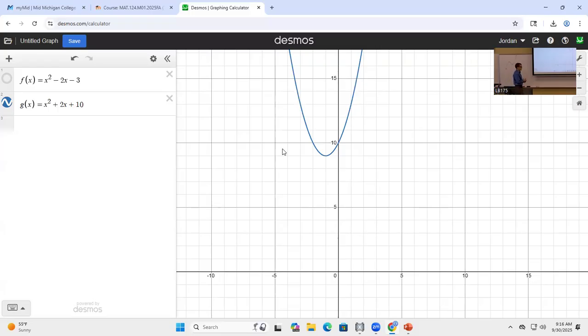So while we have at most 2 x-intercepts when we're dealing with a quadratic function, it might be that there are 0 x-intercepts. Maybe there's 1. But here's an example where there's no x-intercepts. So don't think you're guaranteed 2 x-intercepts on a quadratic function, right? You're guaranteed 2 or less. Could be 2, could be 1, could be 0.